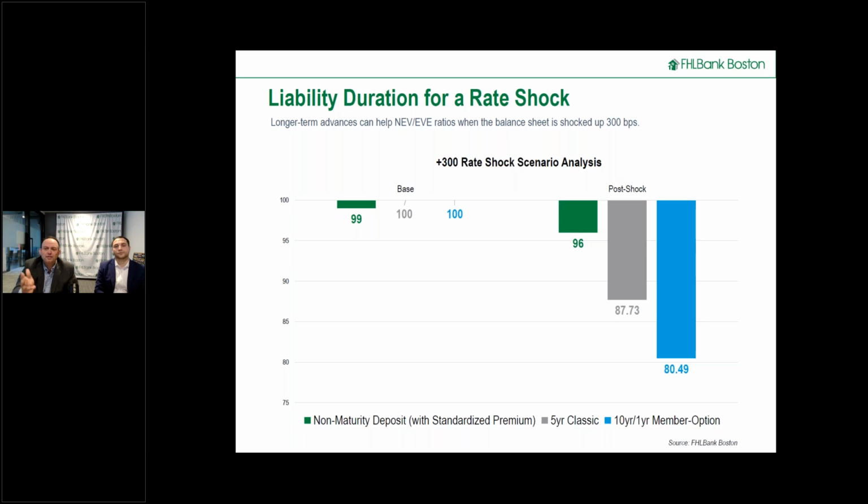Contrast that even to the 5-year classic advance, a point in the curve where many members who are liability sensitive will tend to gravitate to. The benefits in terms of the post rate shock value are that much more prevalent for the member option, and certainly a considerable amount more than what you see for the standardized premium on the non-maturity deposit.